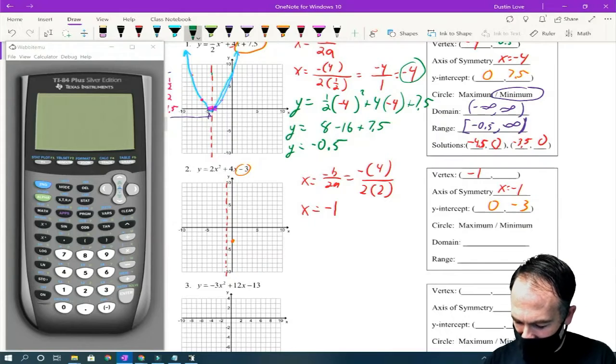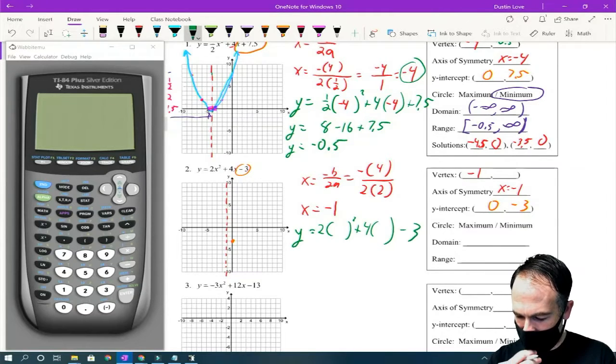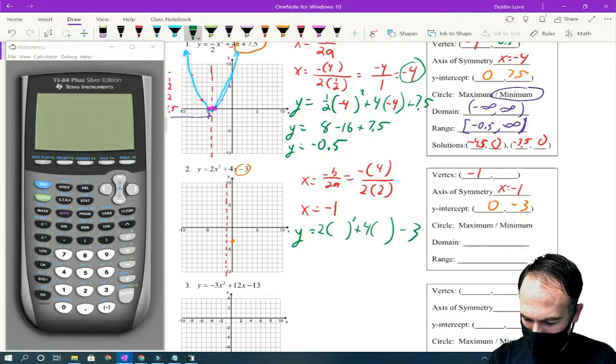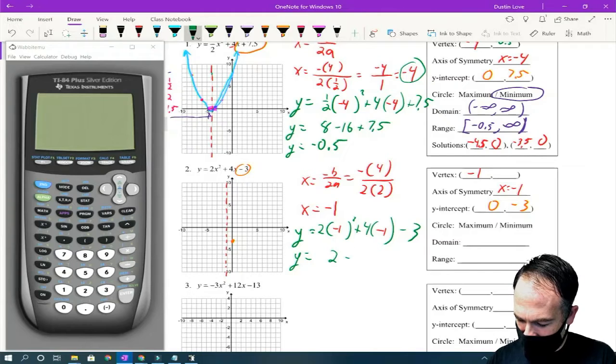I need to finish finding the vertex. Y is equal to 2x squared plus 4x minus 3. Plug in negative 1 on both of those. Negative 1 squared is 1, times 2 is 2. 4 times negative 1 is negative 4, minus 3.